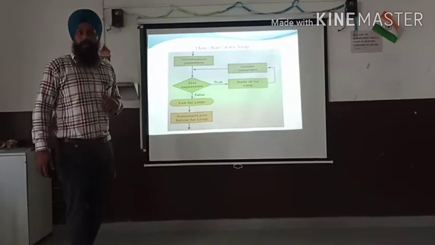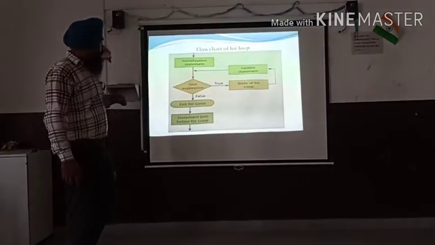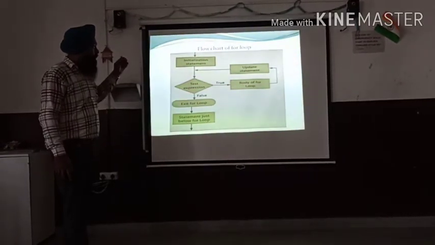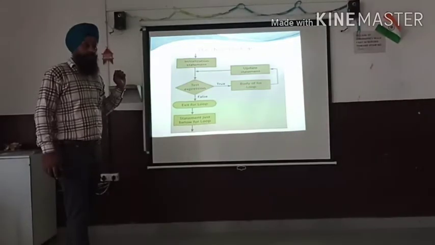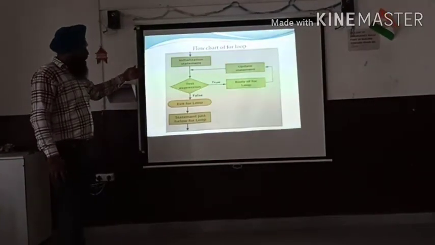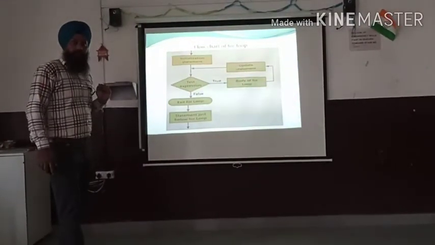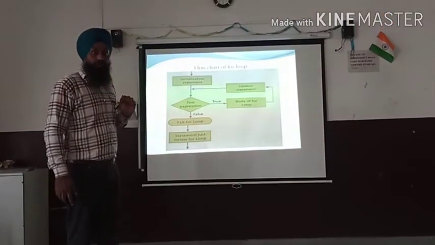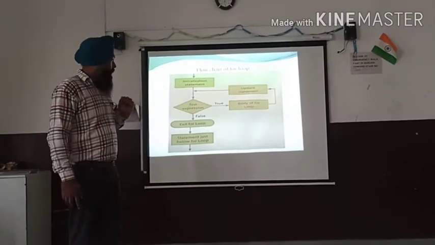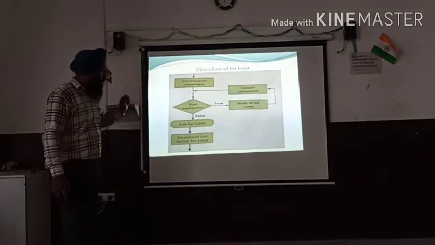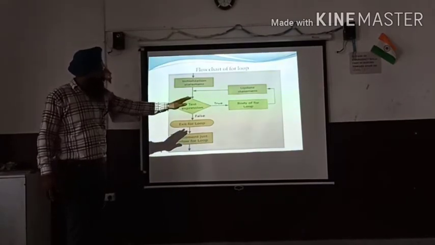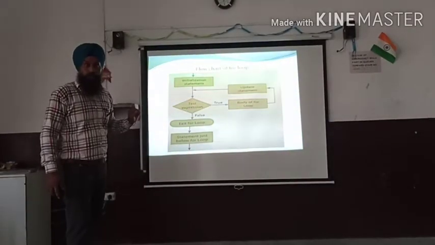If the value of the control variable in the initialization is from the range, then the condition will be checked. We will check whether the value of the control variable is from the range or not. If it is, then the body of the loop will execute.